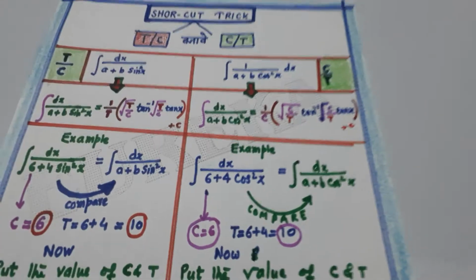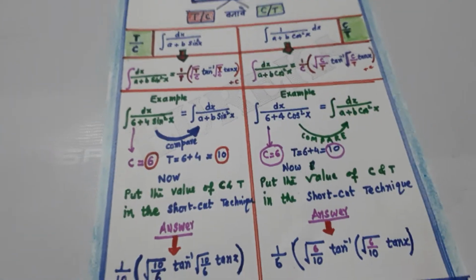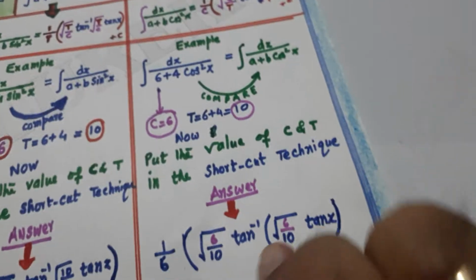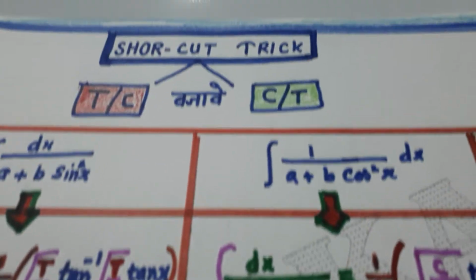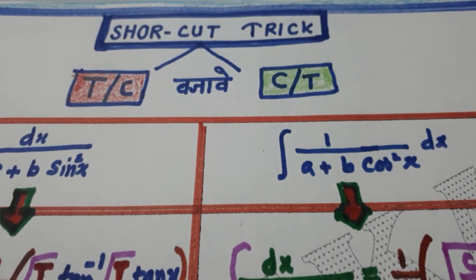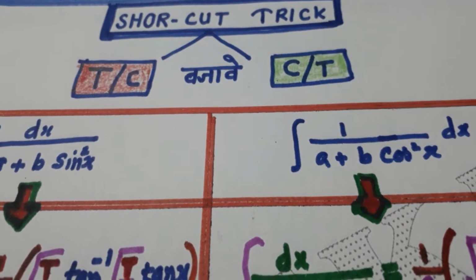The first trick today I am taking, its name is TC बजावे CT, एक दूसरे के उलट.